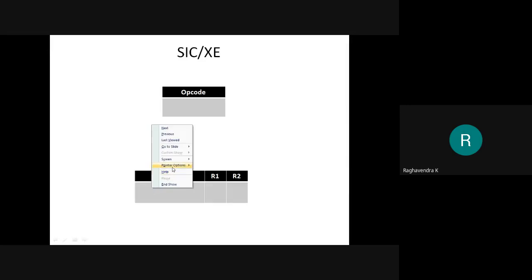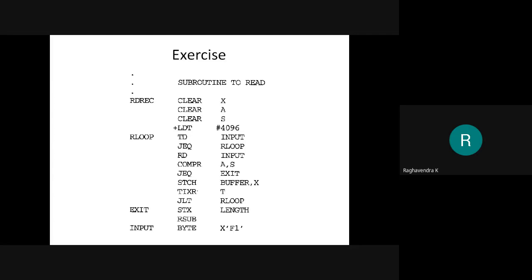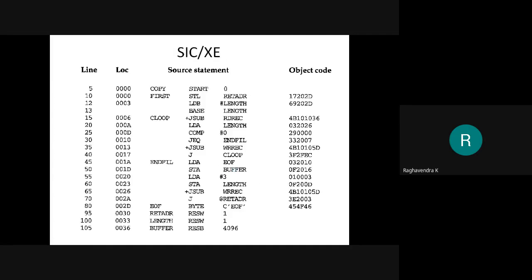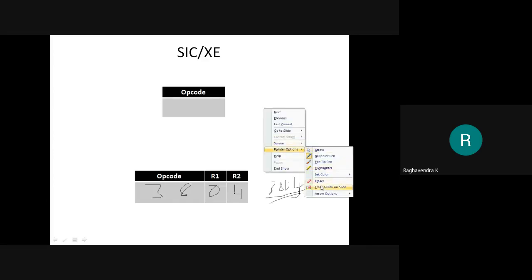We write 38 as usual. Then we check the operands, A and S. So 0 and 4. 0 is the first register, and the second register number is 4. So it is 3804. This is how we assemble an instruction which is format 2.